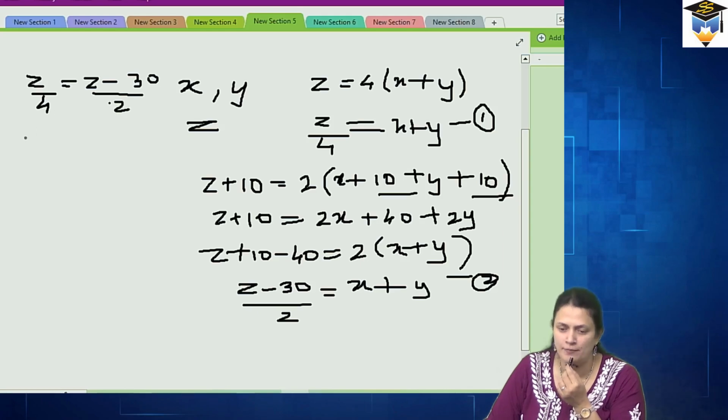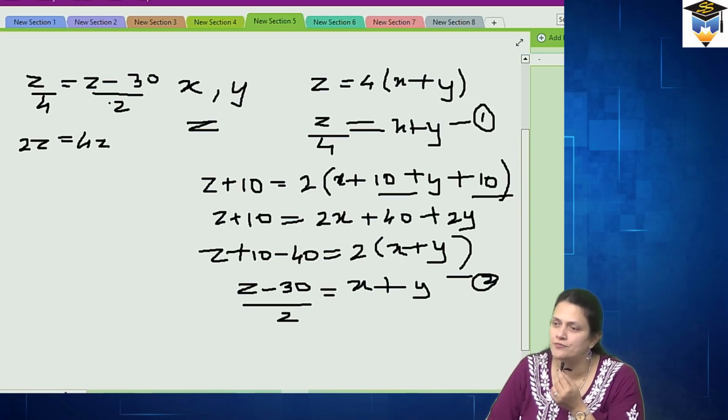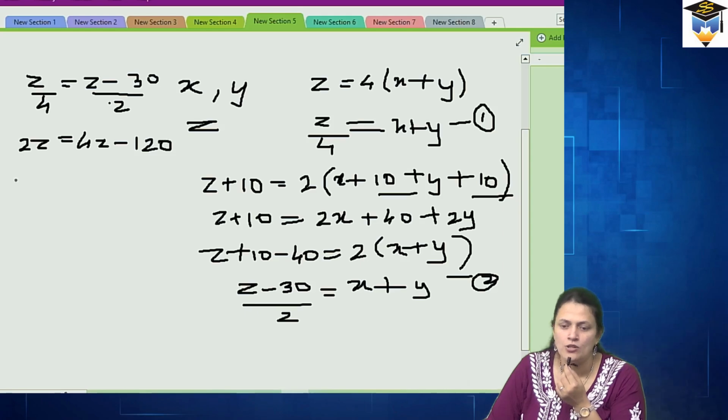So cross multiply. 2z is equal to 4z. Now tell me how much is minus 30 into 4? Minus 120. Okay. So 2z minus 4z is equal to minus 120.